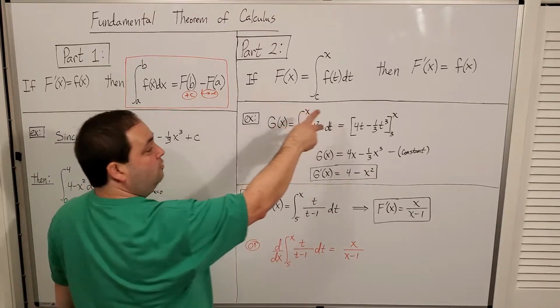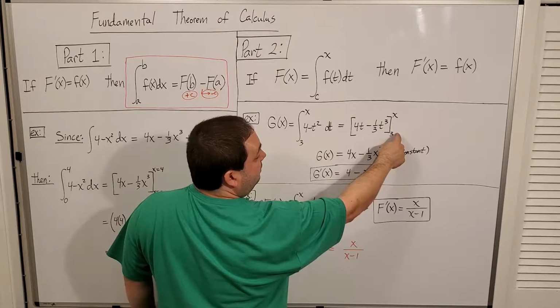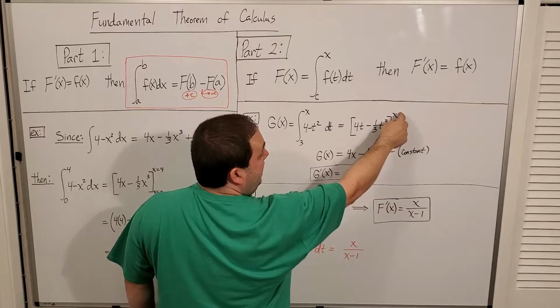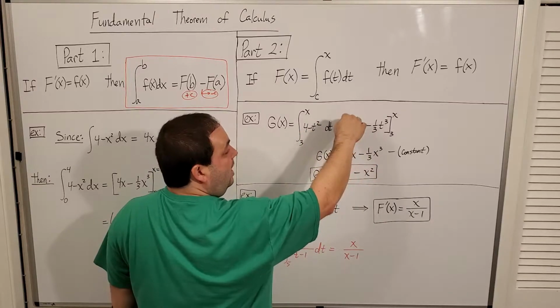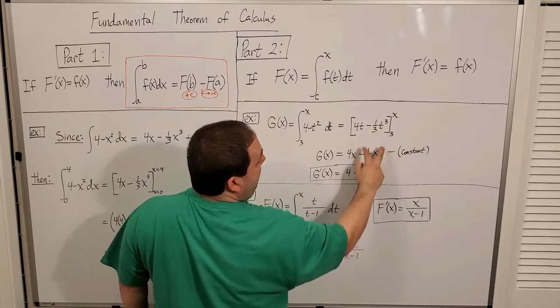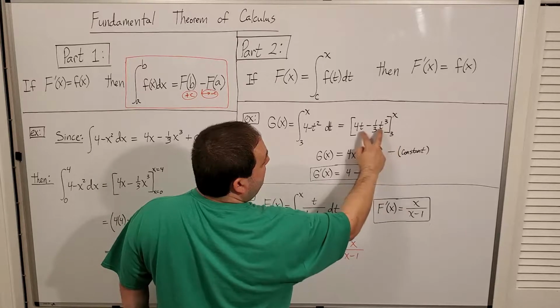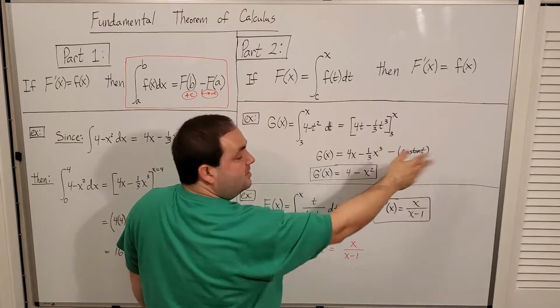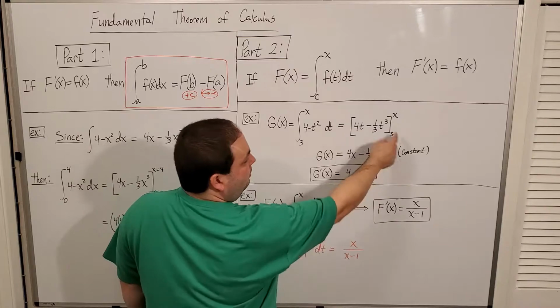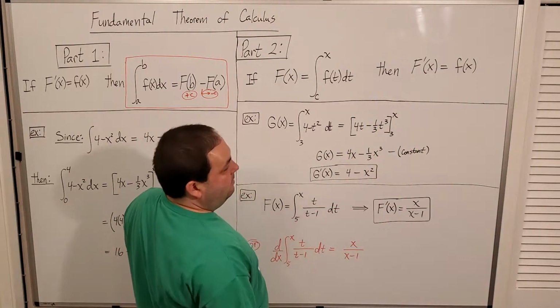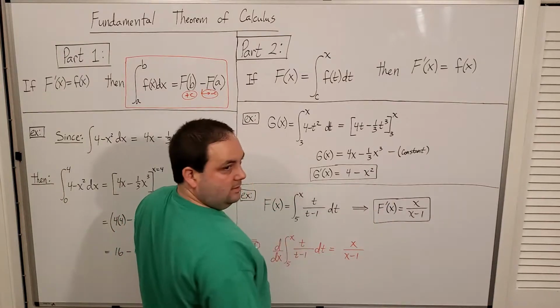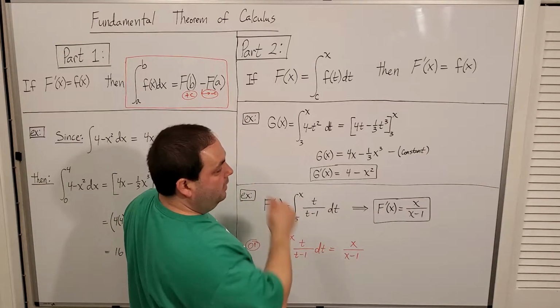It's just that my boundaries now are not the same numbers. They're 3 and x. But remember, the way we evaluate that is top minus bottom. So I plug in x, and I plug in 3, and I'm just calling it some constant, because I don't care what happens when I plug in 3. It's 12 minus 9, it doesn't matter. It's some constant, because I don't care what it is.